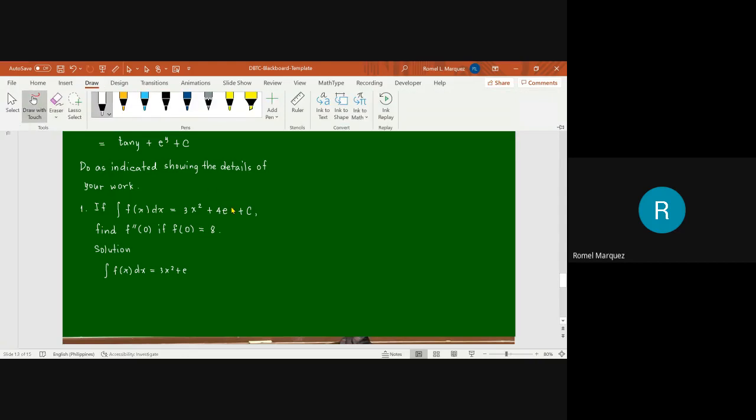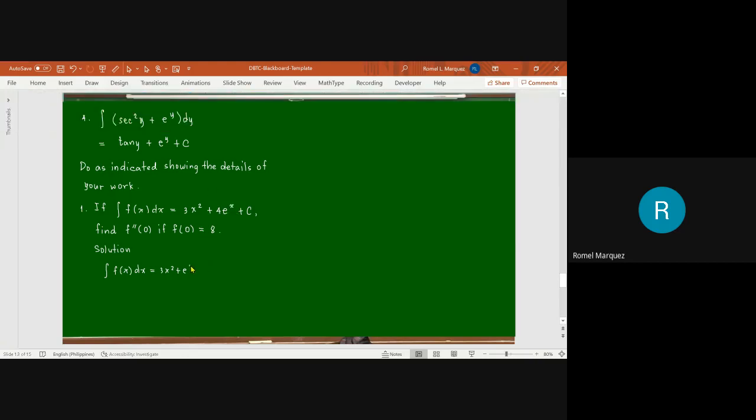Okay? So let's take the derivative of the left side, integral of f of x dx, and then you have to differentiate also the right side. So 3x squared plus e to the x plus c. What's the derivative, guys? What is the derivative?